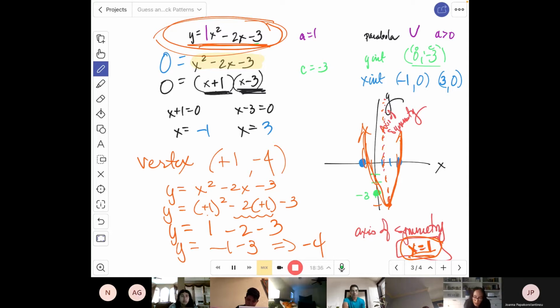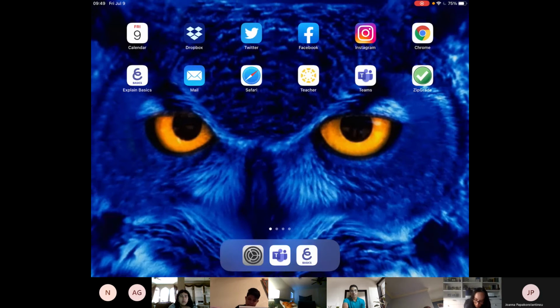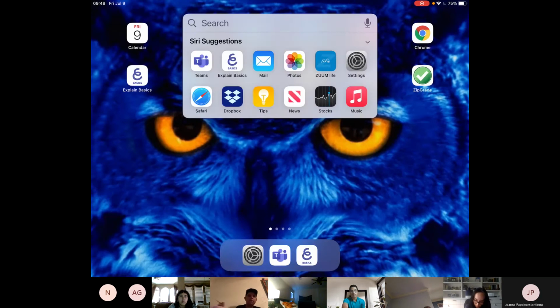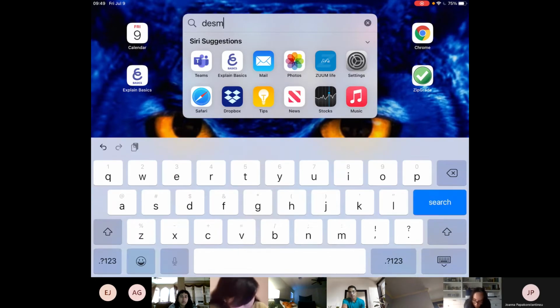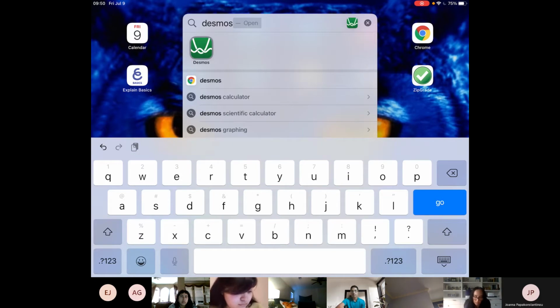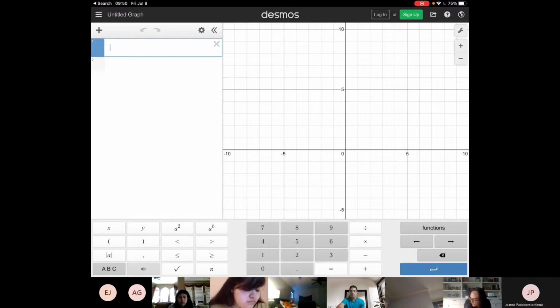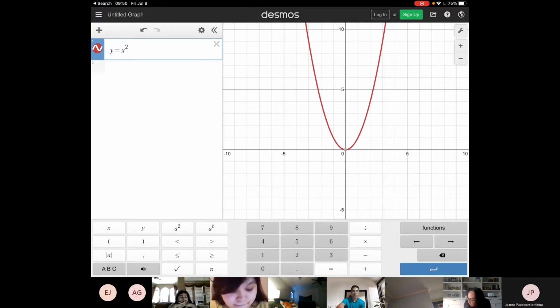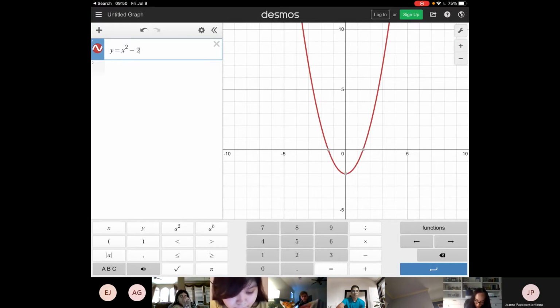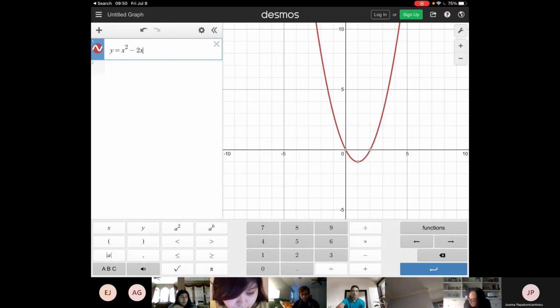Okay, so we're opening up Desmos. Open up Desmos. And let's put that equation in. So I have y equals x squared minus 2x minus 3.